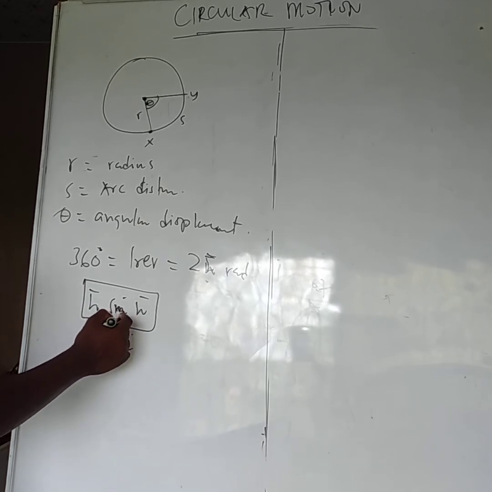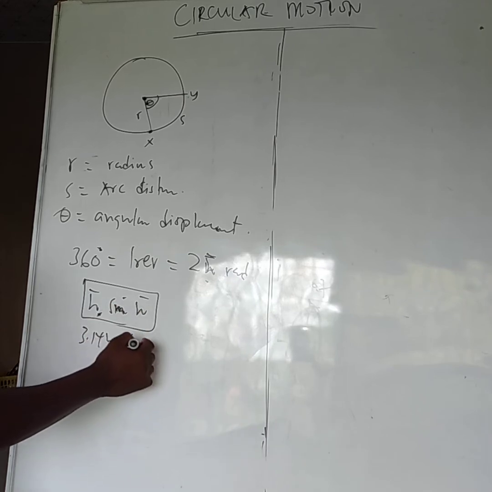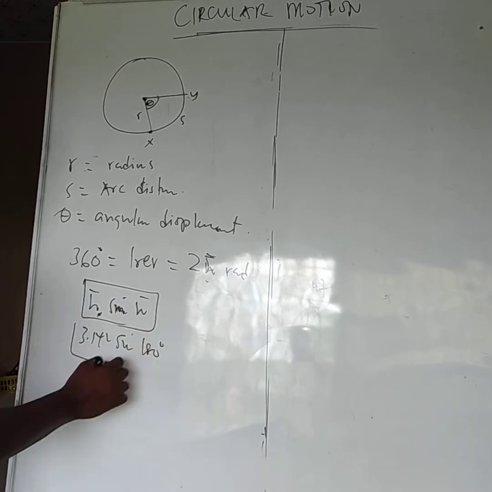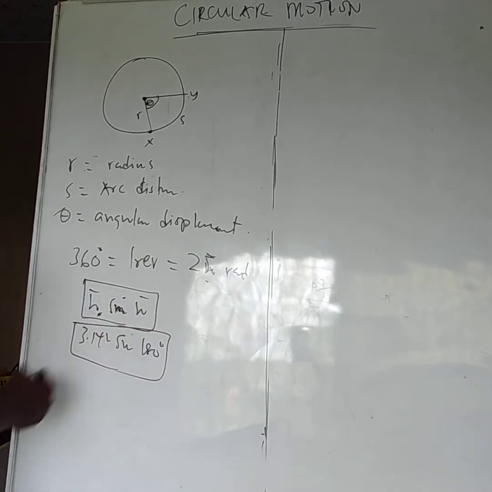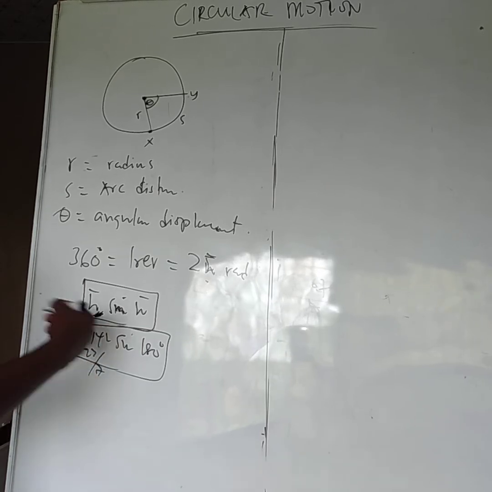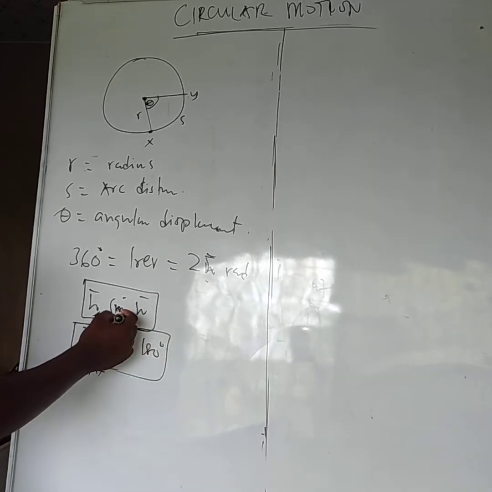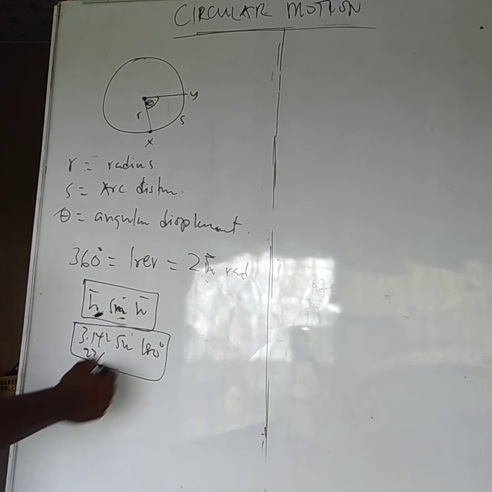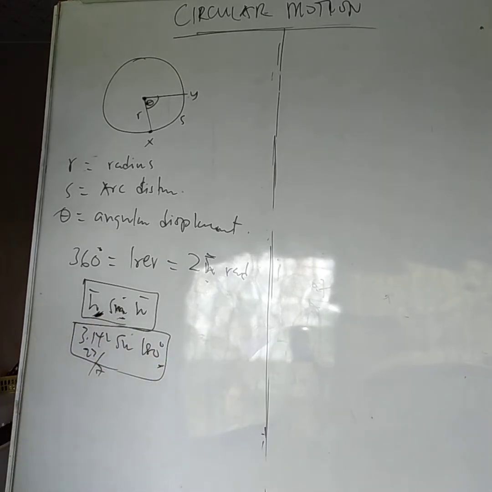But when pi comes after this, then it becomes 180 degrees. So in most of our calculations, we are going to be meeting pi, and that pi is going to be 3.142 or 22/7, except when our pi comes after sine, cos, or tan, then the pi is going to be equal to 180 degrees.